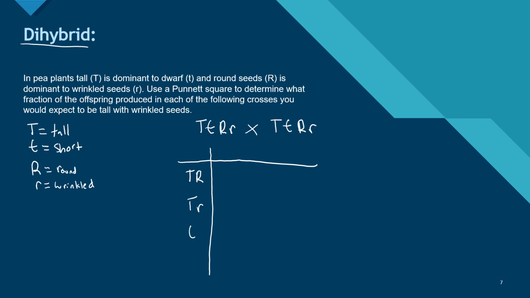But I promise you won't have to do this chart ever again if your teacher asks you for a dihybrid problem, because they are the same answer every single time. And then little t, little r. So this one is going to break down to give us big T big R, big T big R little r, big T little t big R. And I'm just doing the same thing as I was last time, just crossing them together with the top ones.